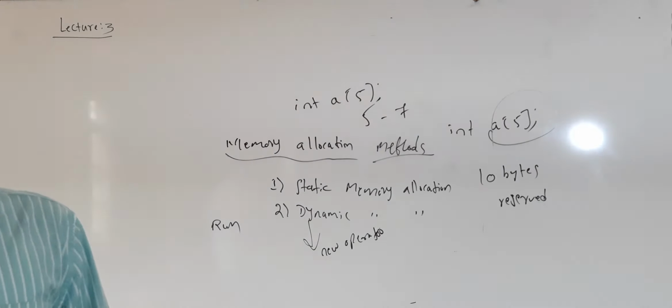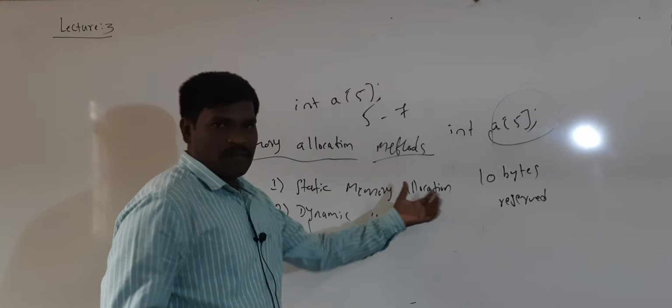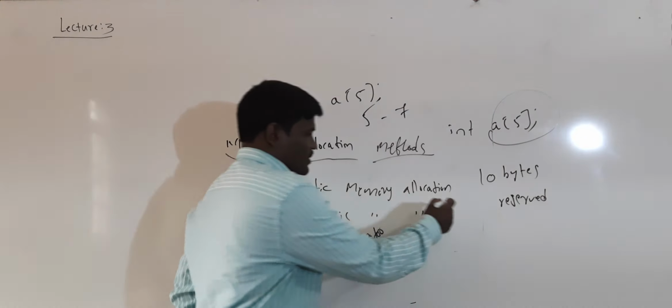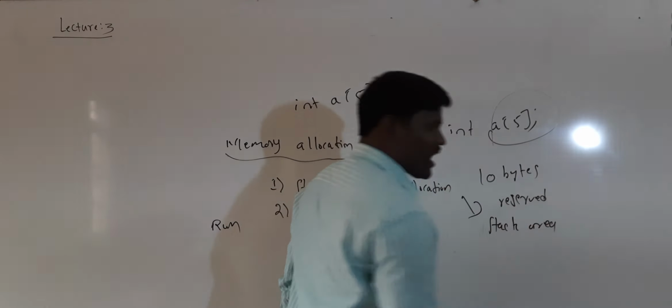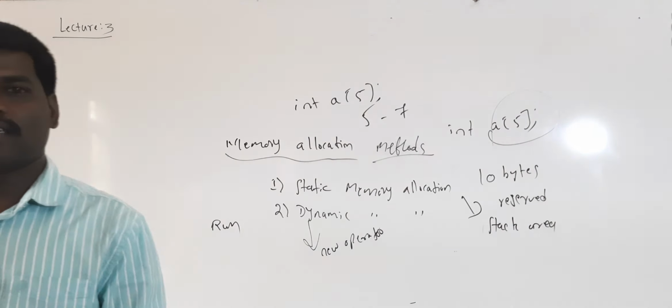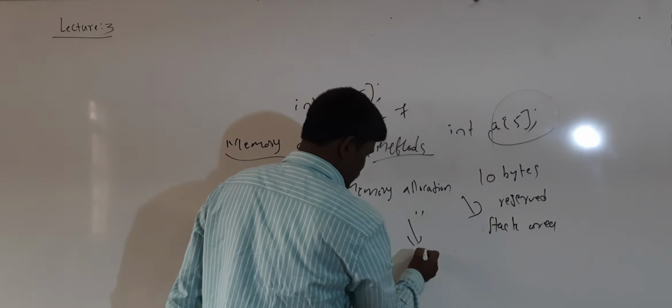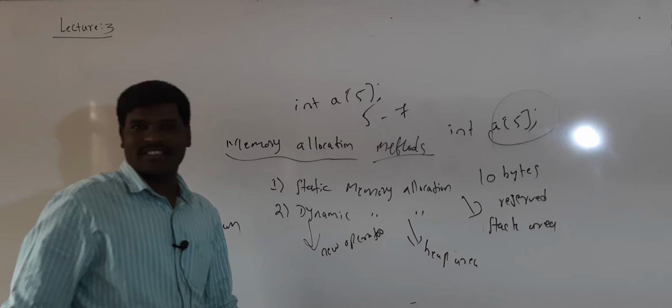And in the static memory allocation, whatever the memory will be allocated, it is stored in a stack area. But the dynamic is stored in heap area. Then what is the stack and what is heap?